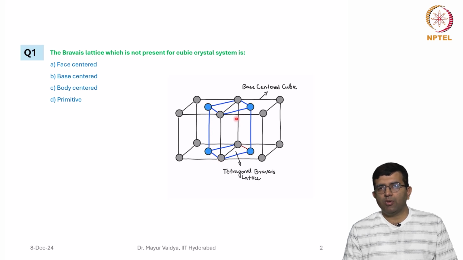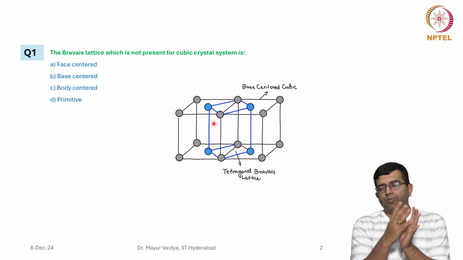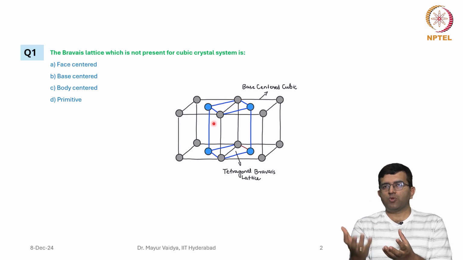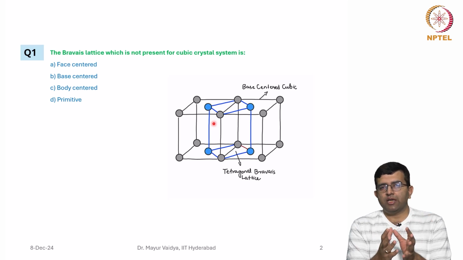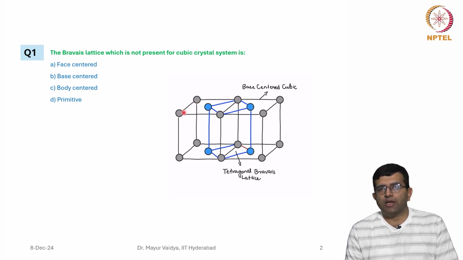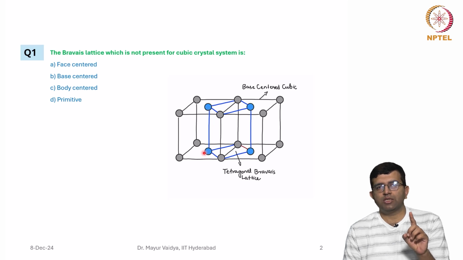You remember that the Bravais lattices are conventions, which one to take, and usually what is preferred is a Bravais lattice with a lesser number of atoms per unit cell. If you count the number of atoms per unit cell in a base centered cubic, you will have 8 into 1 by 8 plus 1 by 2 into 2, that is 1 more.